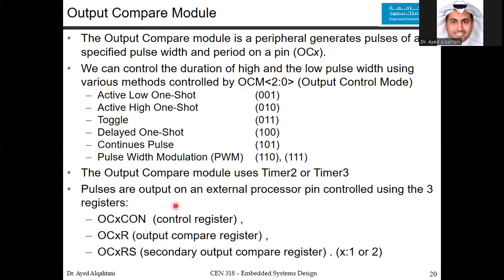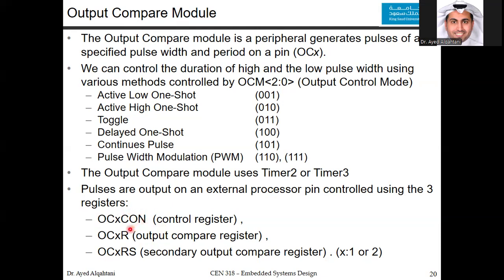So we have 3 registers associated with any output compare module. The first one is the output compare 1 control register. That's very close to what we said about the timer. We have timer 2 control register and timer 3 control register. Here we have output compare 1 control register and also output compare 2 control register.